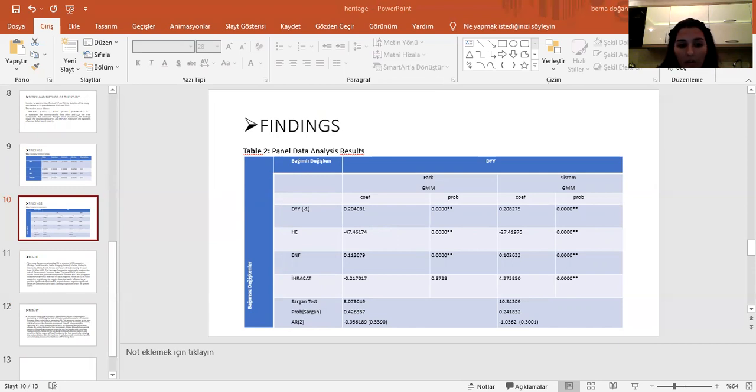According to this result, when all other variables are considered constant, according to difference GMM, one unit increase in HA decreases FDI, and a 1 unit increase in inflation affects FDI in an increasing way.